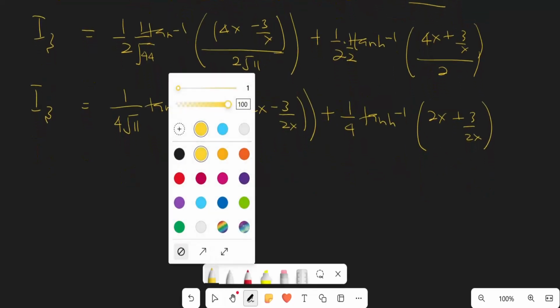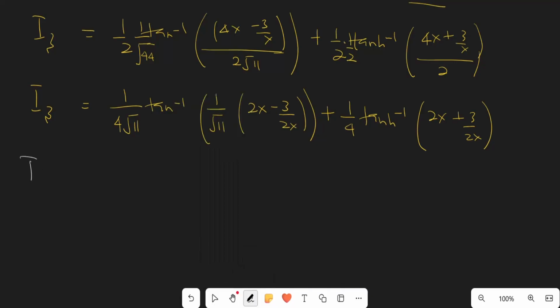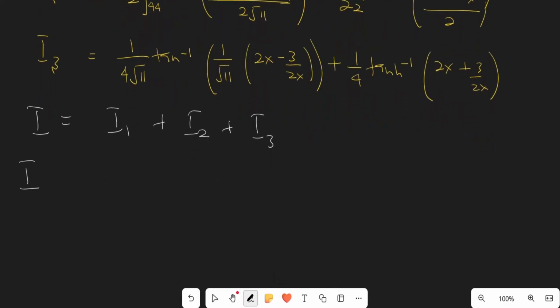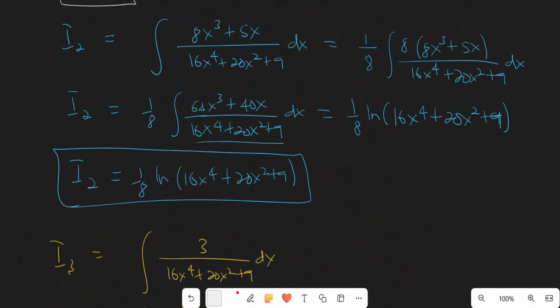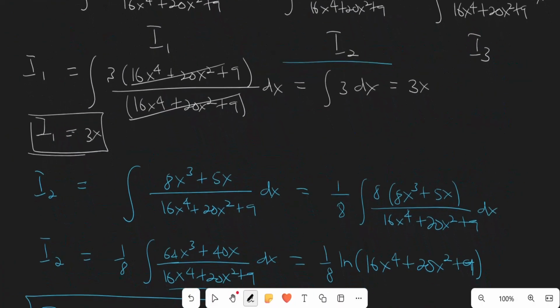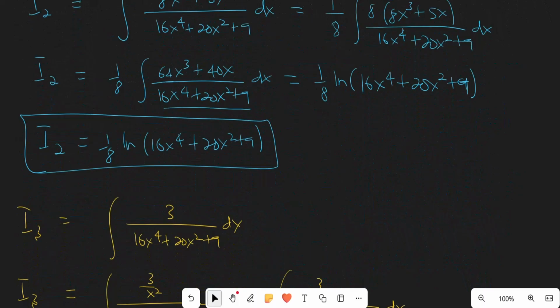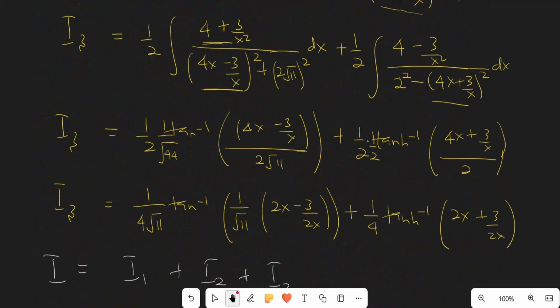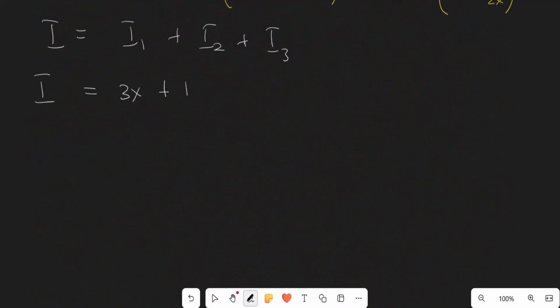So we can now wrap things up. I was equal to I1 plus I2 plus I3. So we have our I, the integral. The first one was equal to 3x. That was done earlier. Our second integral is 1 over 8 times the natural logarithm of 16x to the 4th power plus 20x squared plus 9, plus I3.